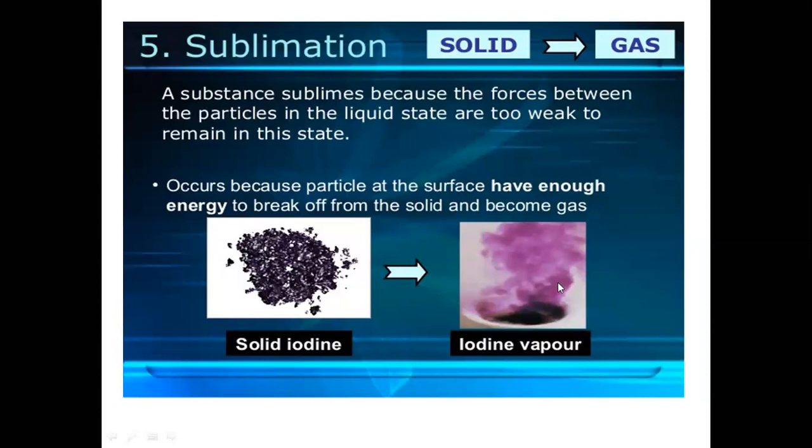As we will see with solid iodine, it directly moves from a solid into a gas because some of the particles at the surface have very high kinetic energy, which allows them to do so. And in a similar breath, we can do the opposite, where we can have vapor that if we cool it, it goes directly into the solid state.